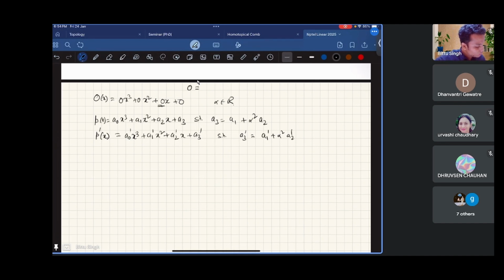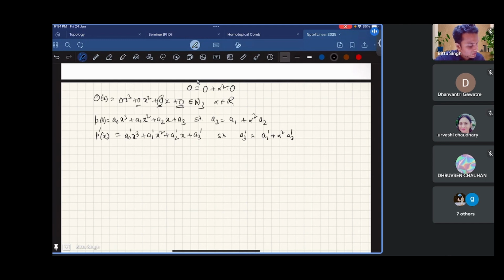Indices 0, 1, 2, 3, sorry, the third entry is this. So the third entry 0 satisfies A1, which is 0, plus alpha square A2, which is again 0. So 0 belongs to W3, it is clear.